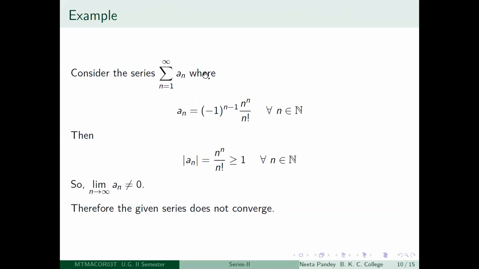So the terms take random positive and negative values. So the partial sums could be anything. Let us not bother about those things. We cannot say it is properly divergent to infinity. And from this observation, from the previous small result which we proved, we say that the series is not convergent.